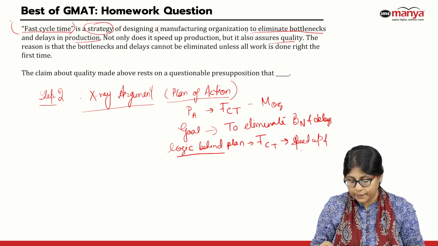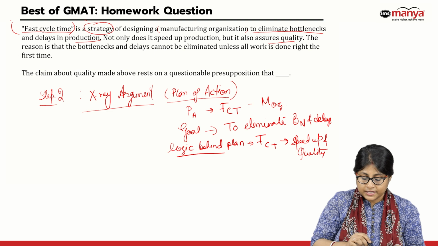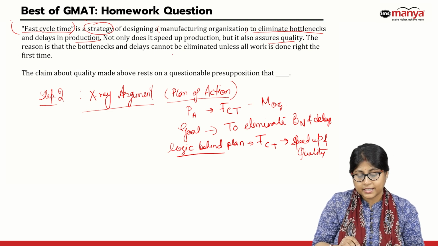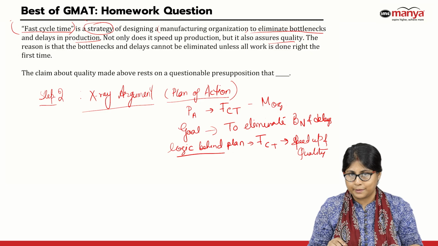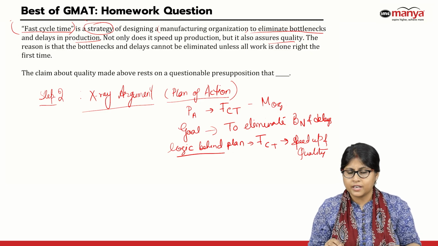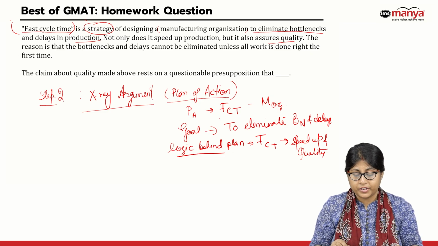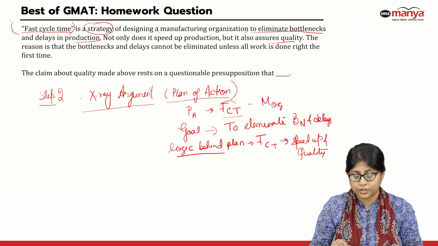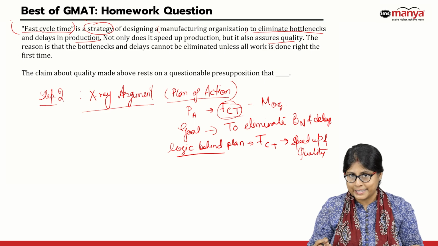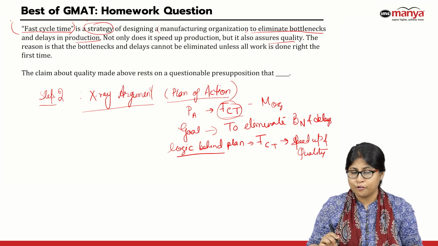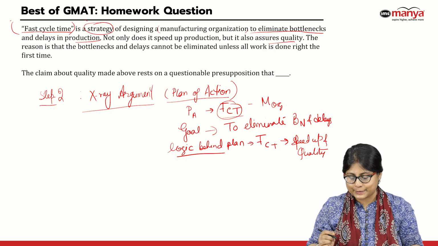So, speeding up and maintaining quality. The reason is that bottlenecks and delays cannot be eliminated unless all the work is done right the first time. So somewhere we are assuming that whenever we adopt this plan of action, we will be able to get quality production at a much faster rate and thereby eliminate all the problem areas of bottlenecks and delays.